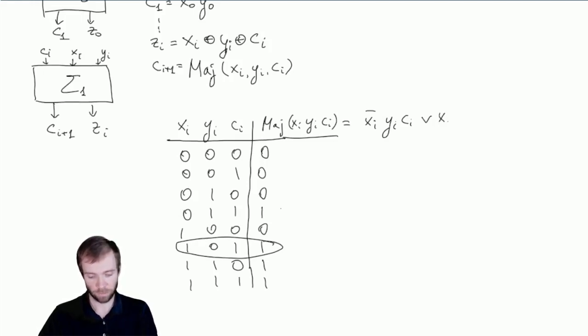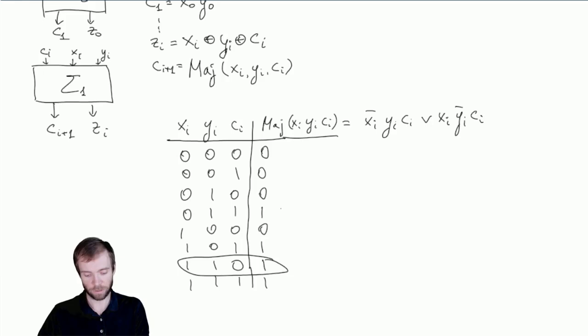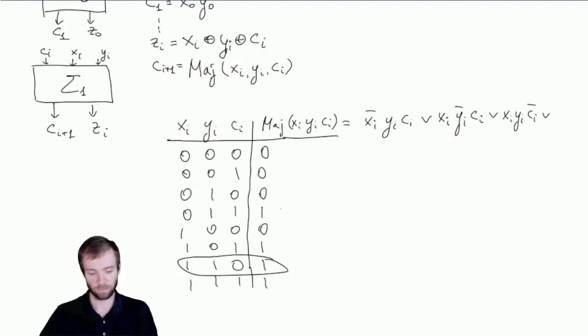This would be xi, yi negated, ci. Then the conjunction that outputs 1 just on this tuple, so that would be xi, yi, ci negated. And then finally the conjunction that outputs 1 for the tuple of all ones. This is the product of all of them. And so the disjunction of these four conjunctions gets us the value of the function.